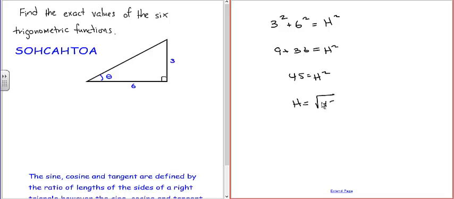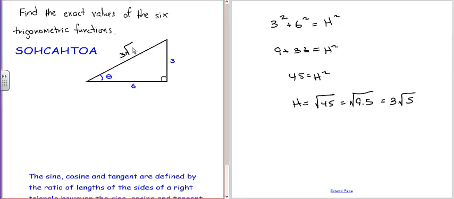We just take the positive square root, because we're dealing with lengths which are positive. And this is also equal to 9 times 5, right? 45 is 9 times 5, so we can say it's 3 times the square root of 5. So the square root of 9 is 3. So we'll write that. This is 3 square root of 5.